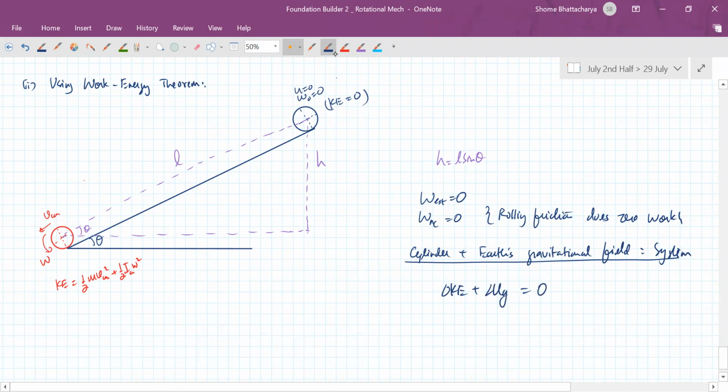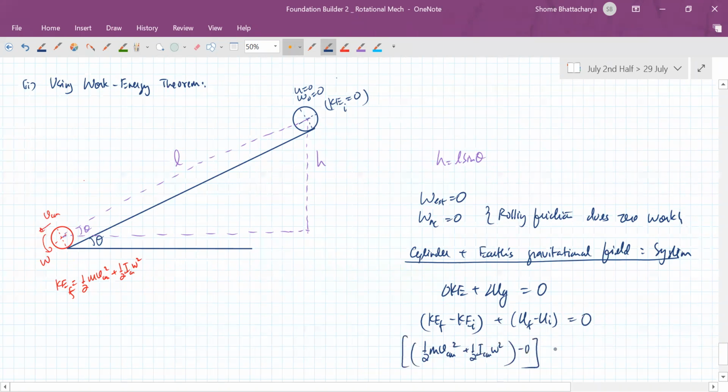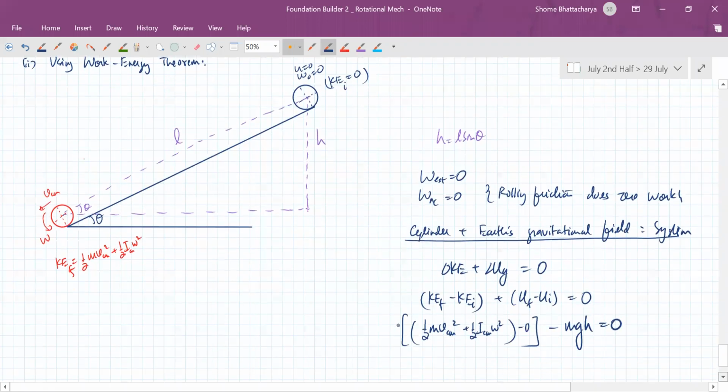The change in kinetic energy is basically the final kinetic energy, since the initial kinetic energy was zero, minus zero. And the change in potential energy is minus mgh because the center of mass is coming down through height h.